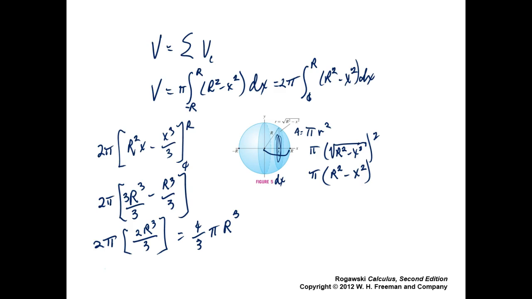All right. Now the next thing they sort of throw in here, and it's a nice little principle. It's called, I don't even know how to pronounce this, a good Italian name, Cavalieri's principle. It states that solids with equal cross-sectional areas have equal volumes.